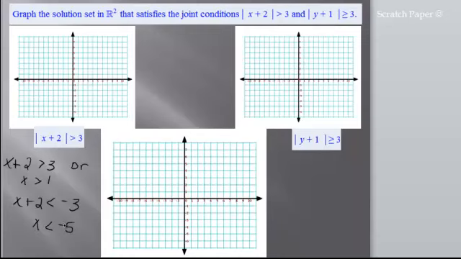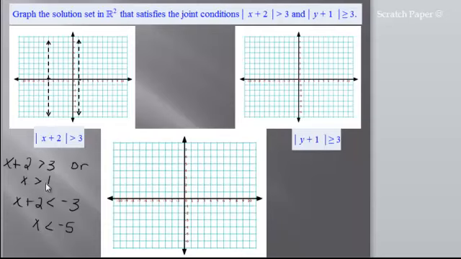So what we need to do is graph two dashed lines, one at x equals 1, one at x equals negative 5. So here are our two lines, x equals negative 5 and x equals 1. Now they're dashed because there's no equal to sign, and they're vertical because it's an x equals equation.